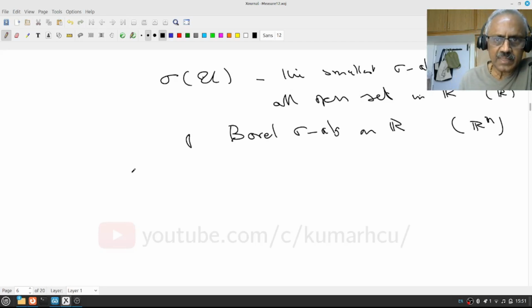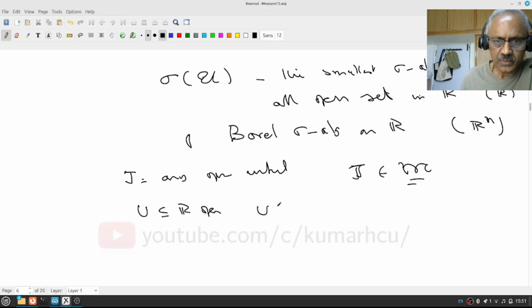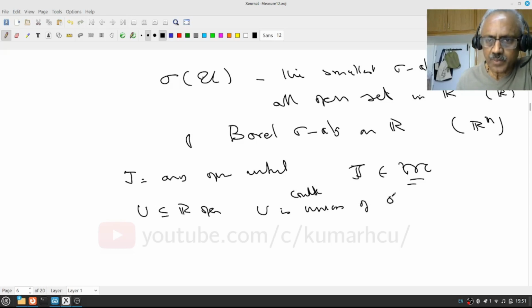Now notice that if J is any open interval, then J belongs to M because J is measurable. Now, if U is any open subset of R, then U is a countable union of open intervals.